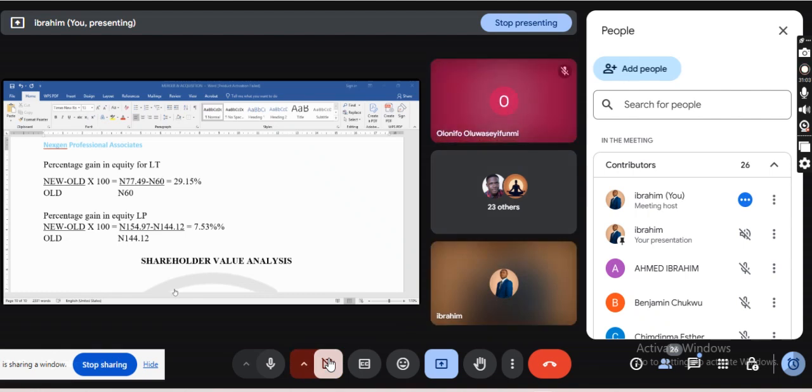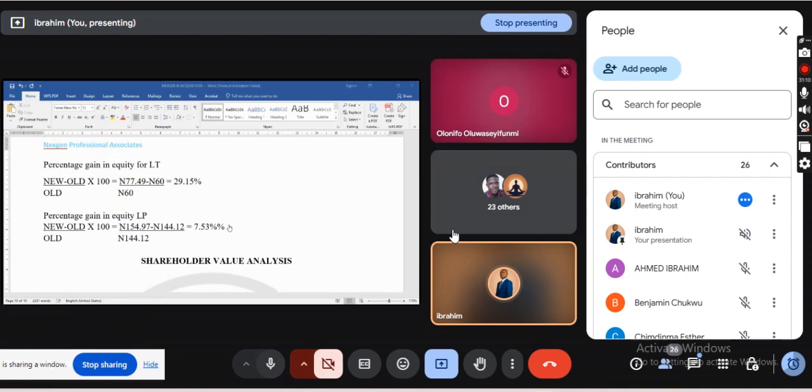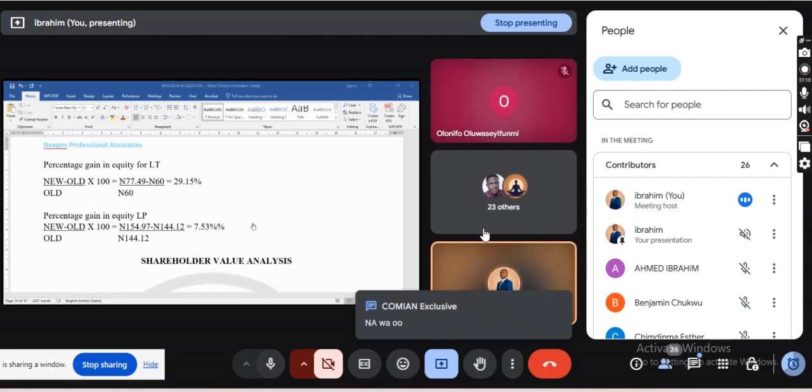Exclusive. Who said exclusive? Someone sent me a private message, and he said kudos to the consistent guys.